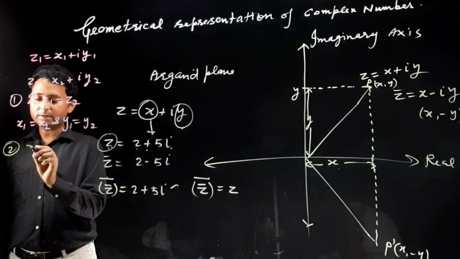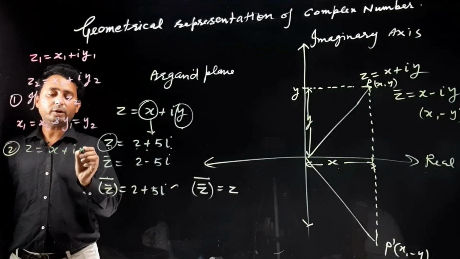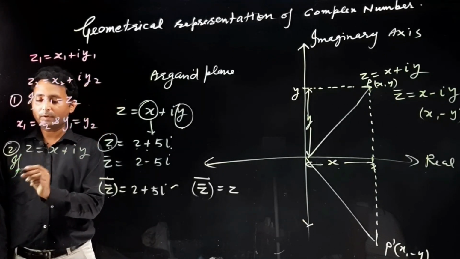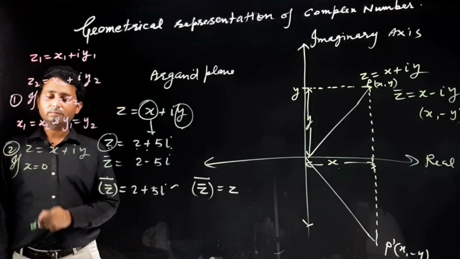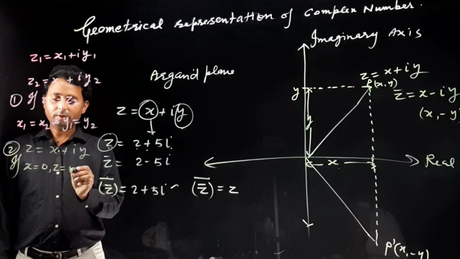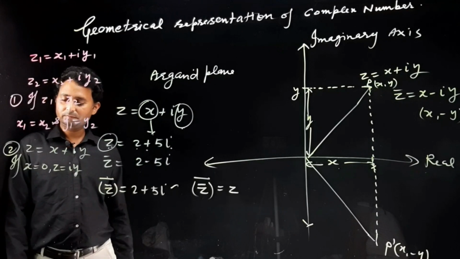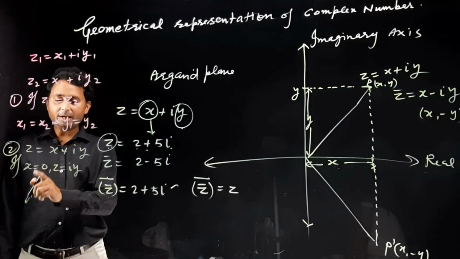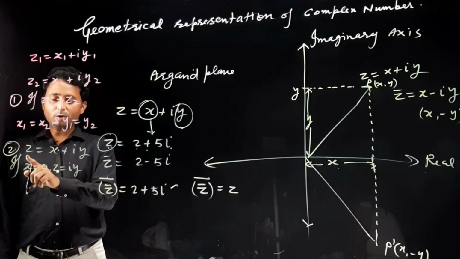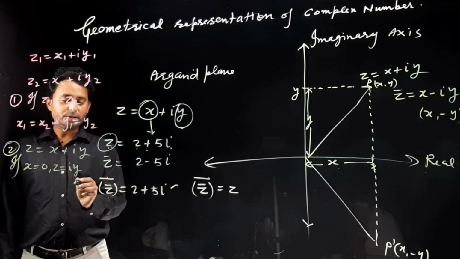Consider the complex number z equals x plus iota y. If x equals 0, then z equals iota y. If x equals 0 in this complex number, then this complex number will be purely imaginary.